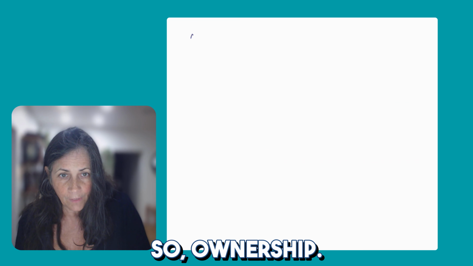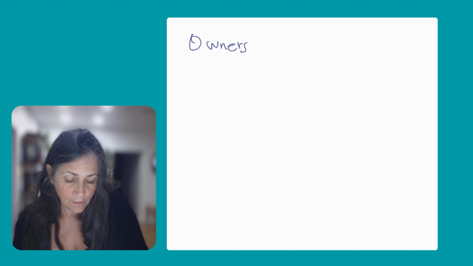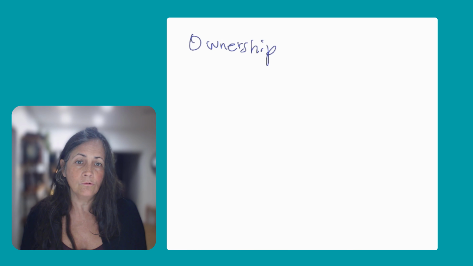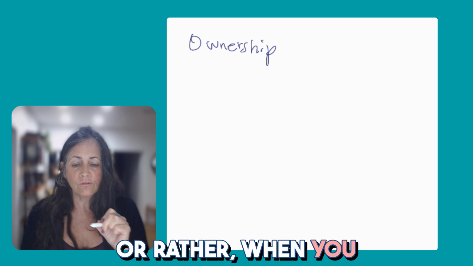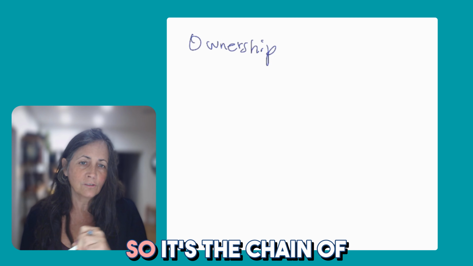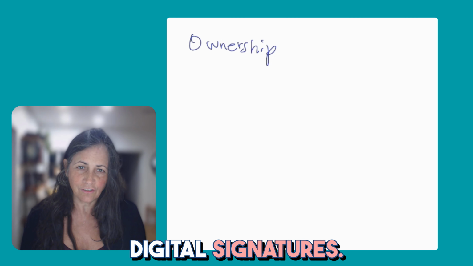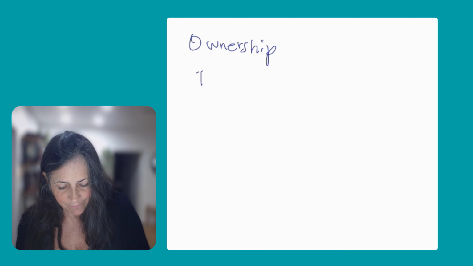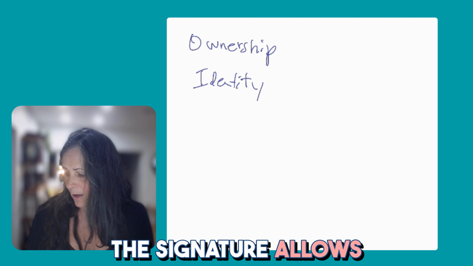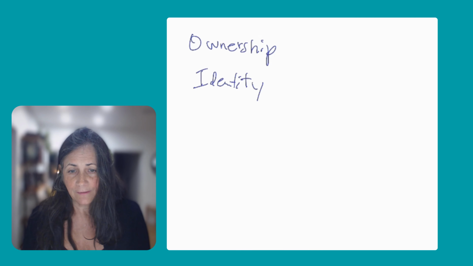So ownership. You sign that. So when you sign a transaction, you're moving ownership to someone else. So it's the chain of digital signatures. Identity. Who are you? The signature allows us to do that.